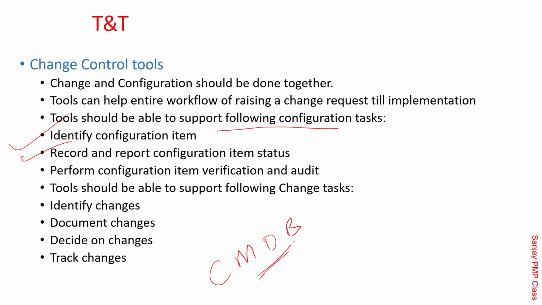So configuration management database systems are doing all that. Perform configuration verification and audit. There are audits which are happening. You might get some questions even on this. These types of audits will check the master copy of the artifact, and then they will ask you to show which are all the places where a copy of this particular artifact is there.